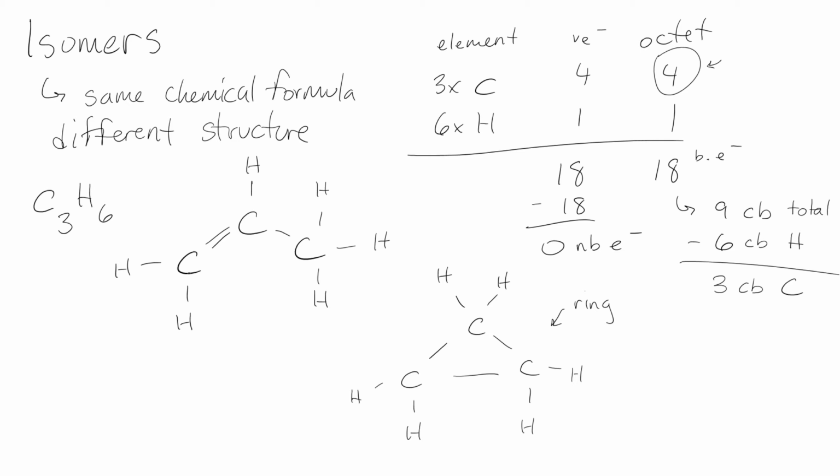What you'll notice is that this carbon in the first structure is connected to 2 hydrogens, this carbon is connected to 1 hydrogen, and this carbon is connected to 3 hydrogens. Meanwhile, in this second structure, each carbon is connected to 2 hydrogens. So we know that they indeed have a different structure because they have a different arrangement in their bonds. So these are 2 isomers of C3H6.